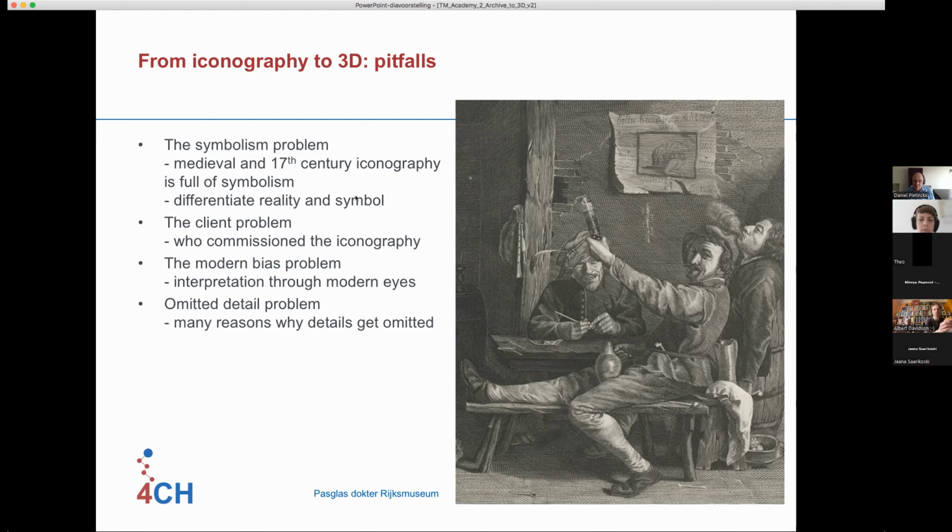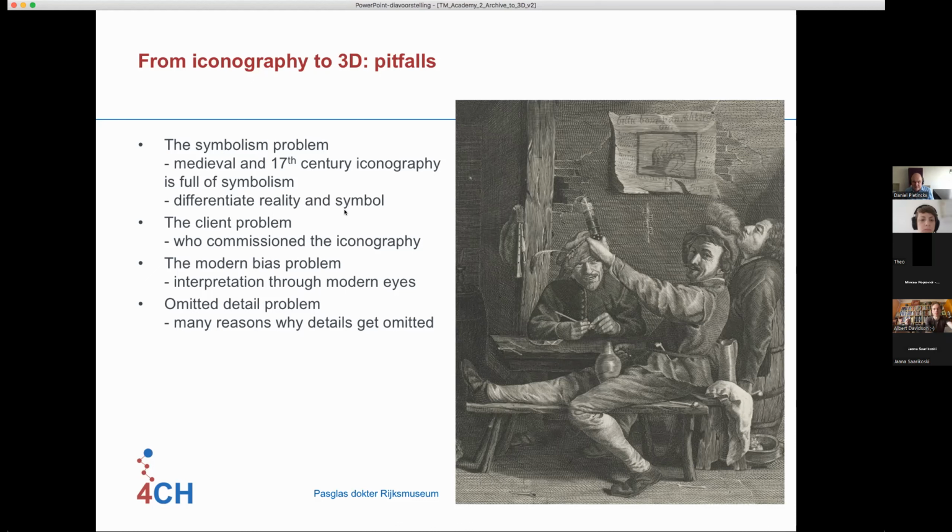And that, of course, requires some experience in seeing these things. There have been a lot of publications on this topic, but it is important to know that, let's say, 80% of this drawing is useful for reconstruction, but you need to see what is symbol and what is not, what is reality.